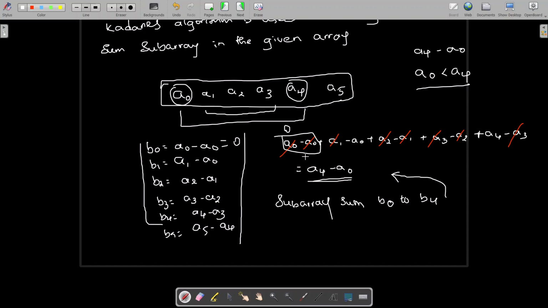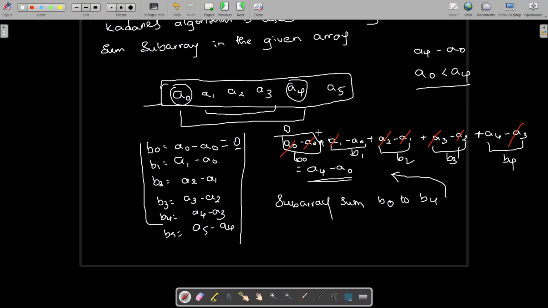Here this will be b0. It is directly 0, because a0 minus a0, since there is no previous value, so I make this directly 0. Next this is plus, and this is b1, b2, b3, and b4. So what I have written, the same I have written here.